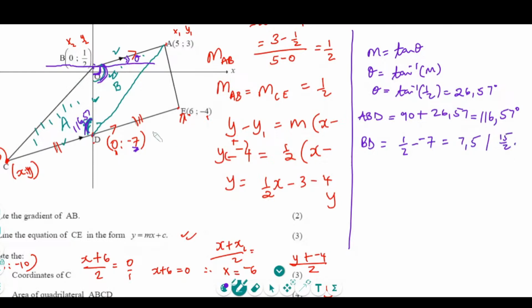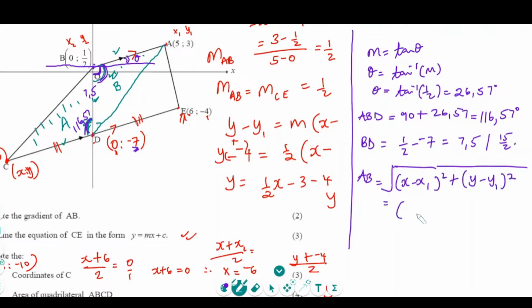So if I have this as 7,5, I need to find my AB from the distance formula, which will be the square root of x minus x1 squared plus y minus y1 squared.